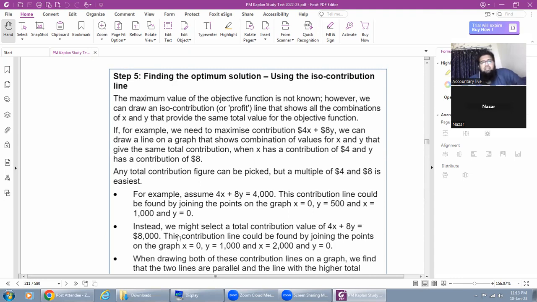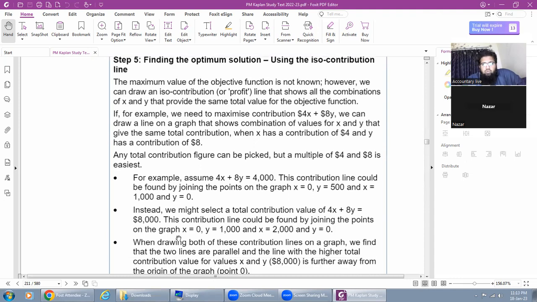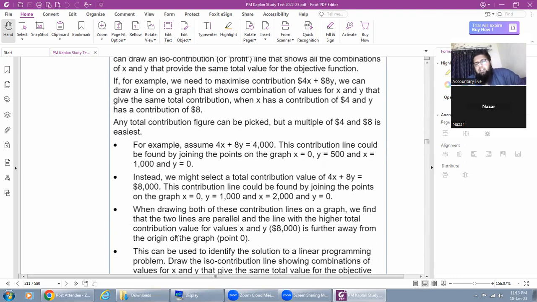This contribution line could be found by joining these points on the graph: x equals 0, y equals 500, and x equals 1000, y equals 0. We can also do this when we suppose 4x plus 8y equals 8000.